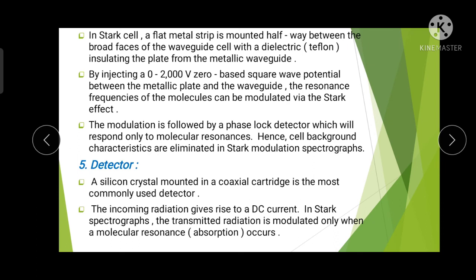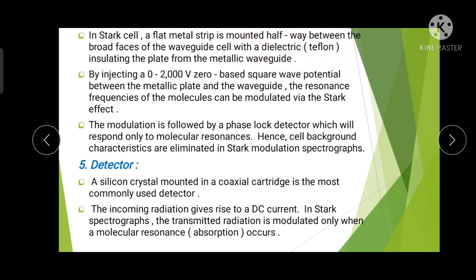Now in a Stark cell, a flat metal strip is mounted halfway between the broad faces of the waveguide cell, with a dielectric, that is Teflon, insulating the plate from the metallic waveguide. That means an insulating material is used to insulate the plate from the metallic guide, and generally Teflon is used, which is the dielectric material.